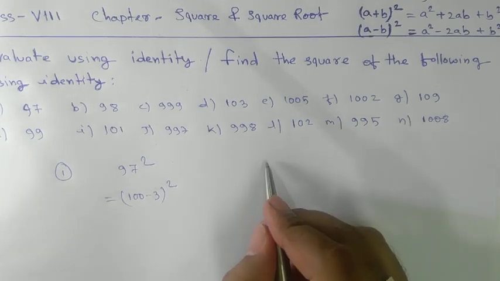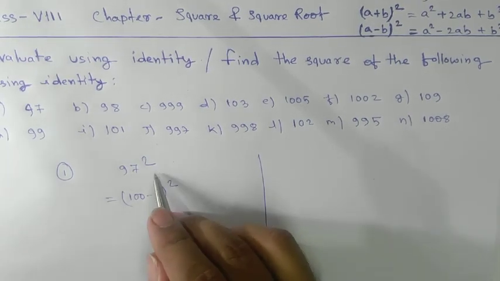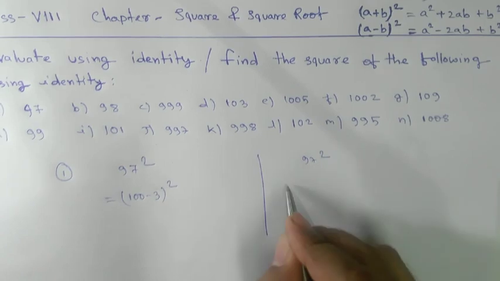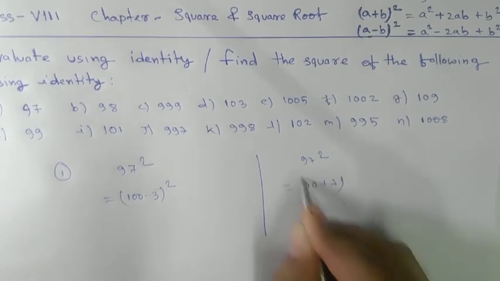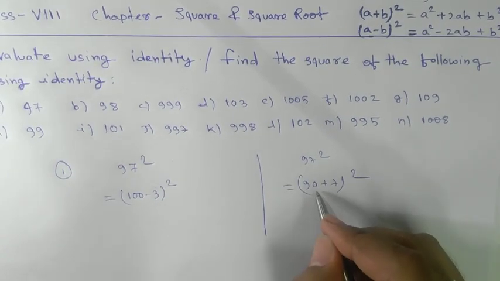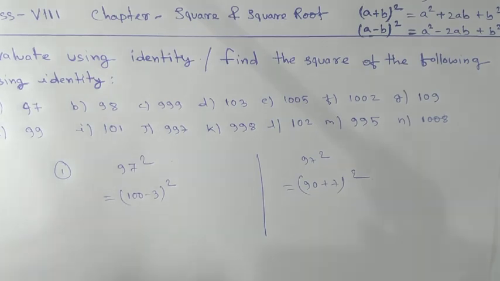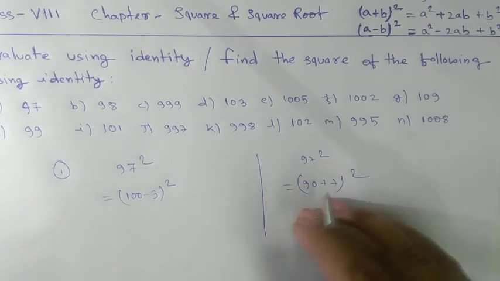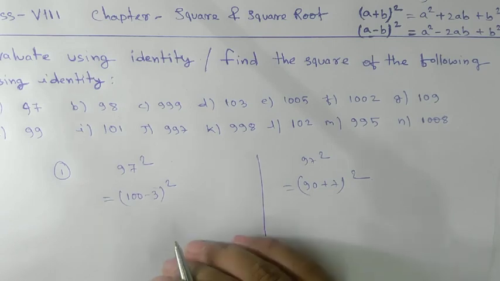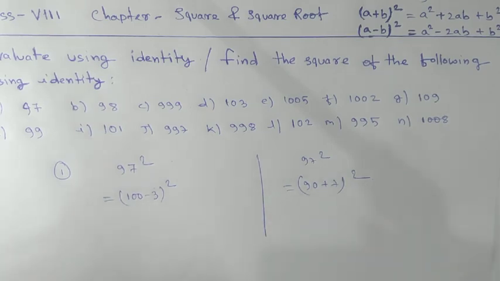Now one student will ask, no sir, I'm not going to do it this way. I want to do 97 square equals 90 plus 7 whole square. Can I do it that way? Yes, definitely we can do that. But now we're going to see the difference between these two, and try to understand which one will be better.